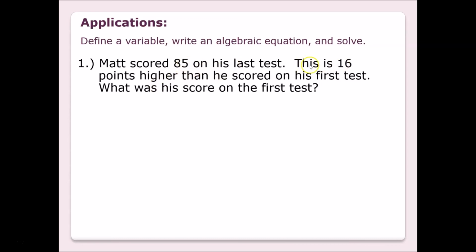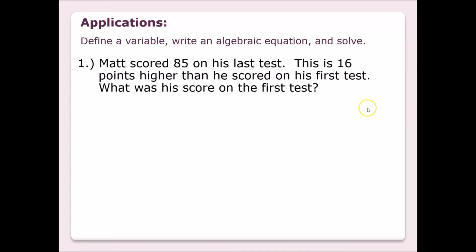And this, what is this? This refers to this 85. So this 85 is 16 points higher. What do we use here? Higher is a plus. Then he scored on his first test. Now what is missing? The score on his first test, right?